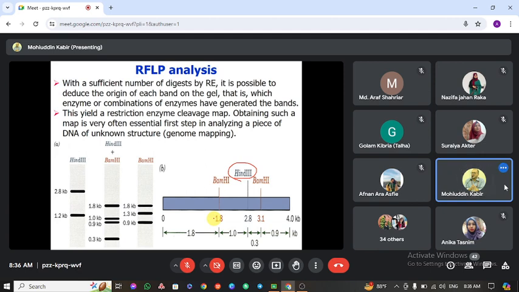So, to pinpoint the position of these restriction sites, we need to digest this genome with these 2 enzymes, HindIII and BamHI.